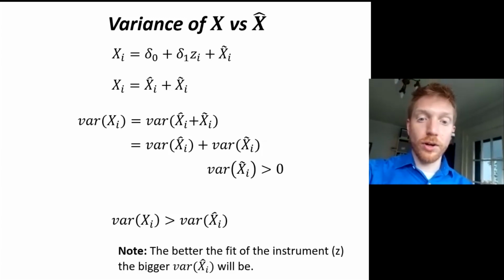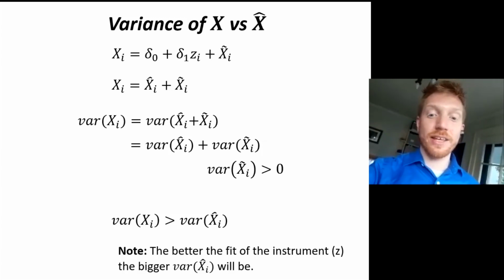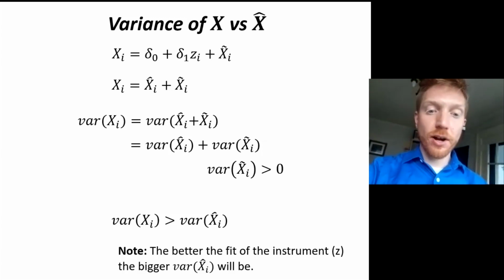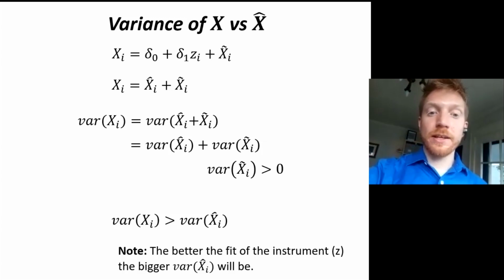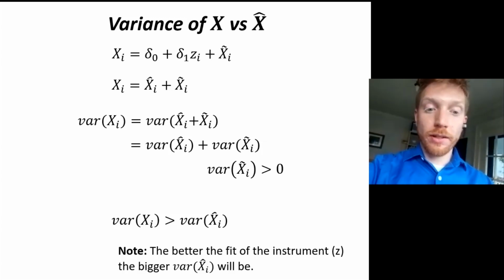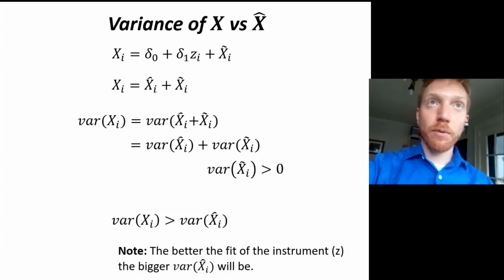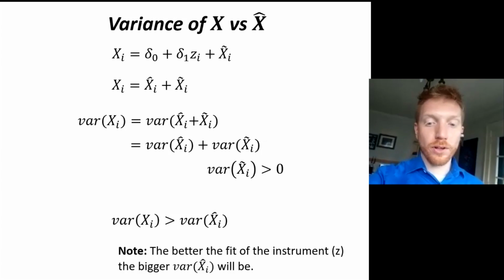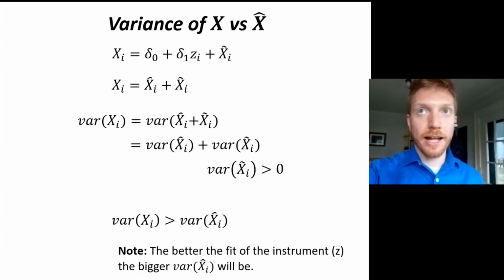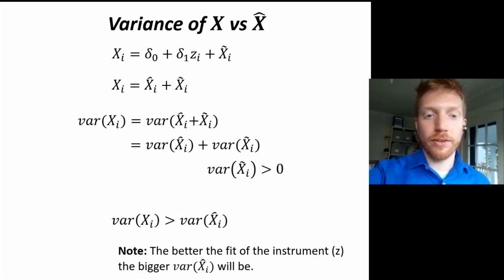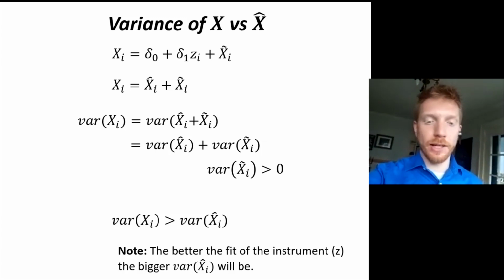In general, though, connecting this to the instrument, if the instrument is better, if it's stronger, the better the fit that we have, the closer the variance of x hat will be to the variance of x. And therefore, the closer the variance of beta hat in the two-stage least squares will be to the variance of beta hat in OLS.